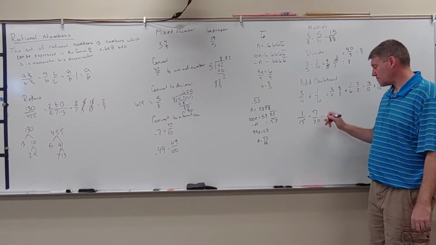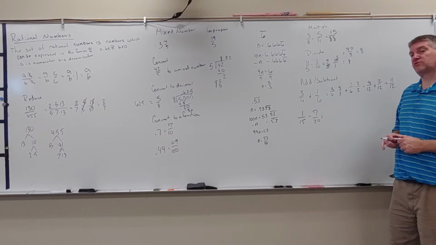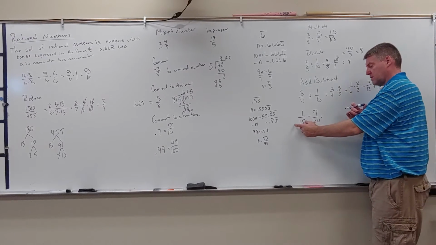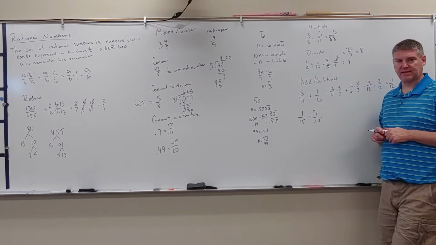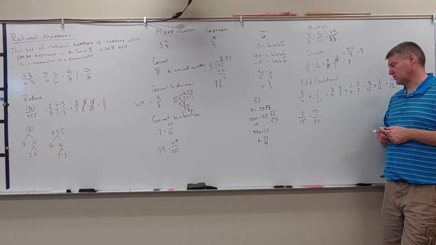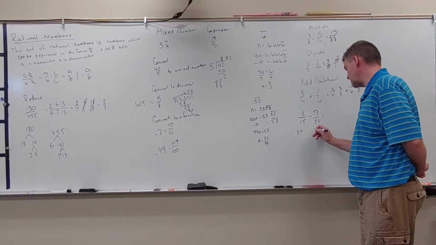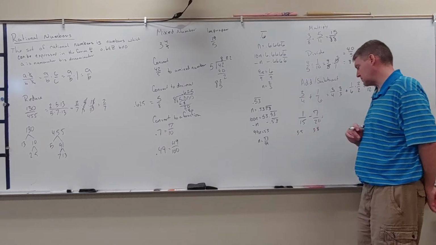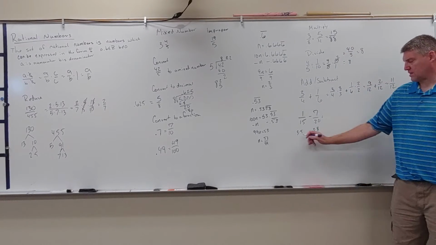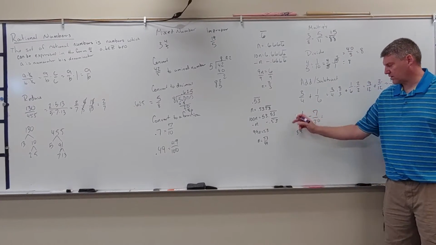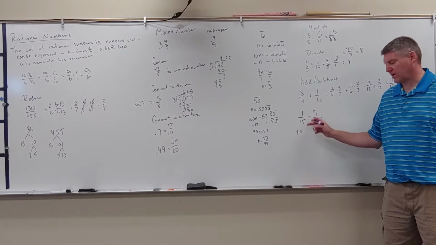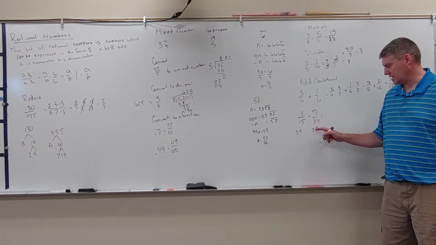Okay. Now this one's a little bit trickier because they have commonality in here. So 15 and 24. This is really 3 times 5, and this is really 3 times 8. So I notice they both have a 3. So I could multiply this by 8 over 8 because I'm just missing the 8 here.